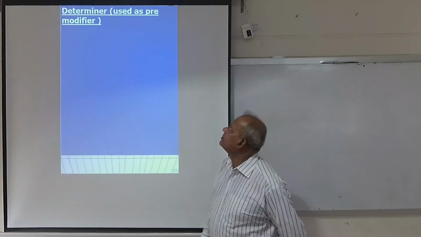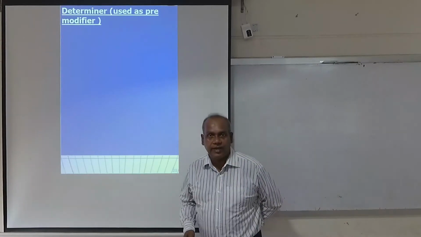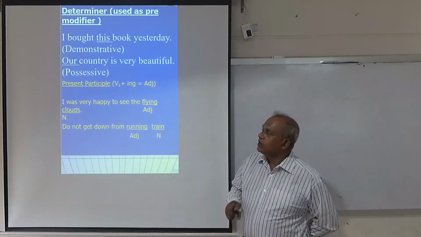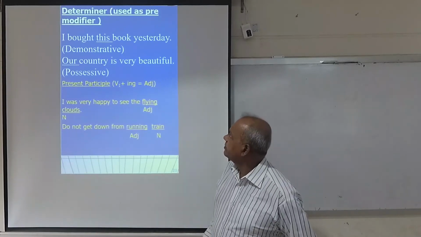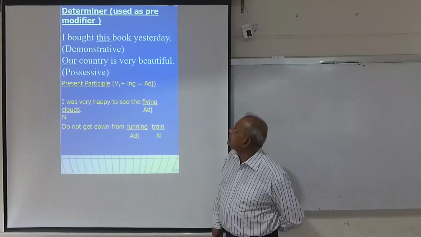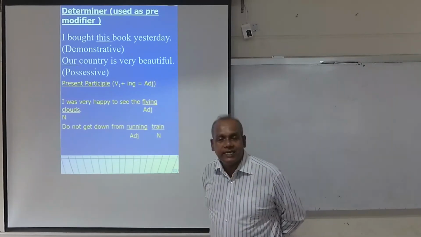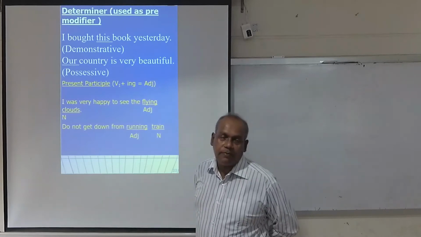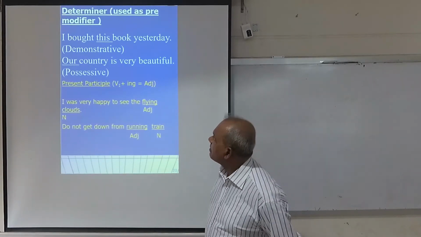Dear students, determiner used as pre-modifier. Determiner. The word which determines the noun is called determiner. I bought this book yesterday. This, it is demonstrative and it is known as determiner.